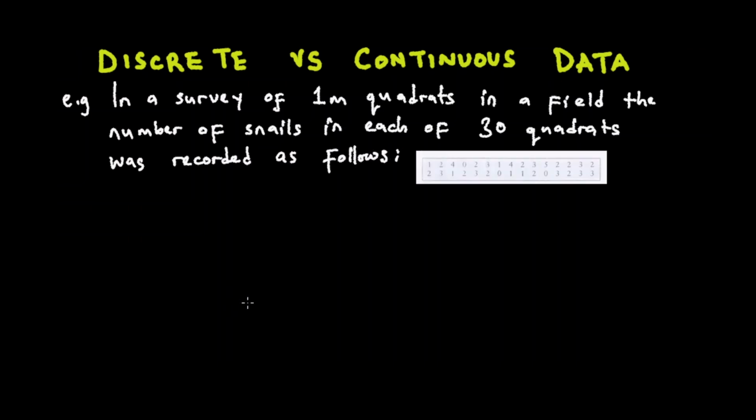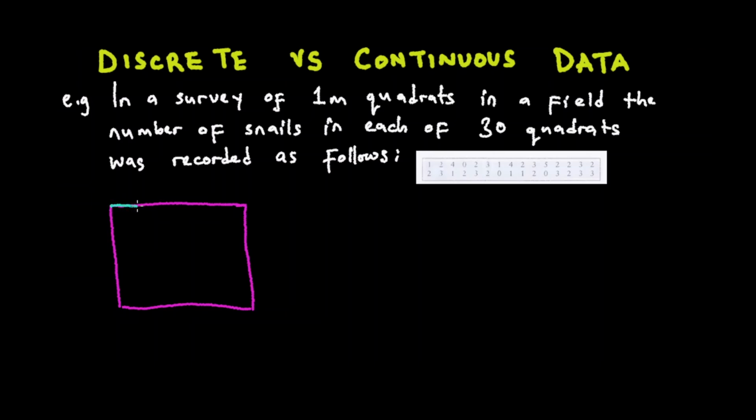So what we are saying here is that we have a field. Then this field is the area supposedly. When we say 1 meter quadrants, we are saying it's a 1 meter by 1 meter area.